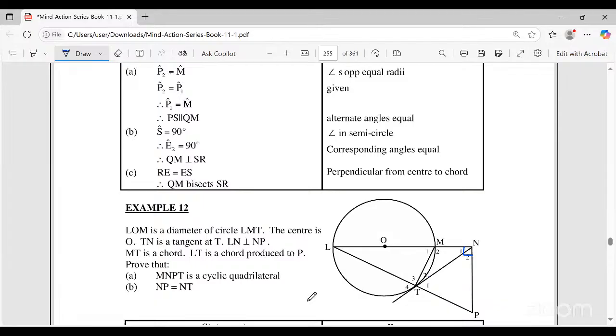Firstly, I have this line, N, which is 90. Yes, there at N we have 90 degrees because of this information here.